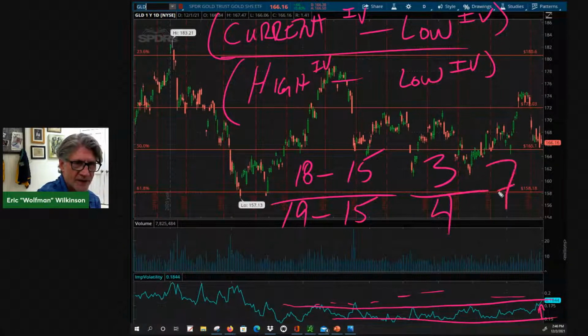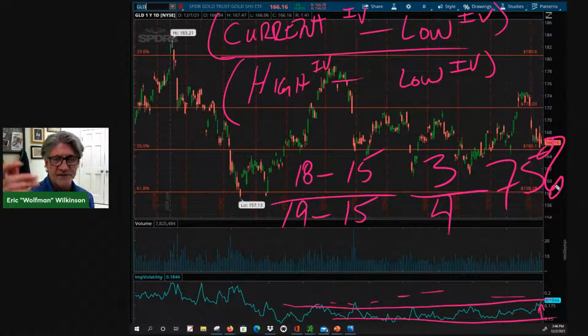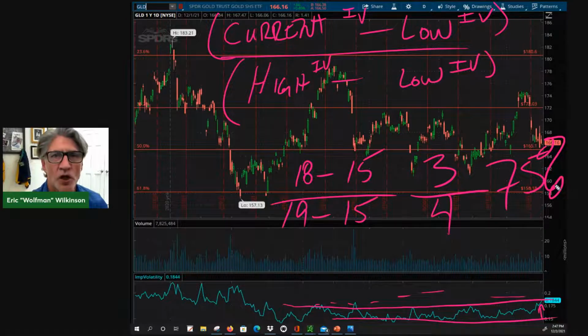So basically it's in the 75th percentile. I think it's actually higher than that. Last I checked, I think it was like the 85th percentile. So anytime you do this math and you get above 50, that makes you think I need to be selling options. Anytime it goes below 50, that's when you're thinking I need to be buying options, okay?